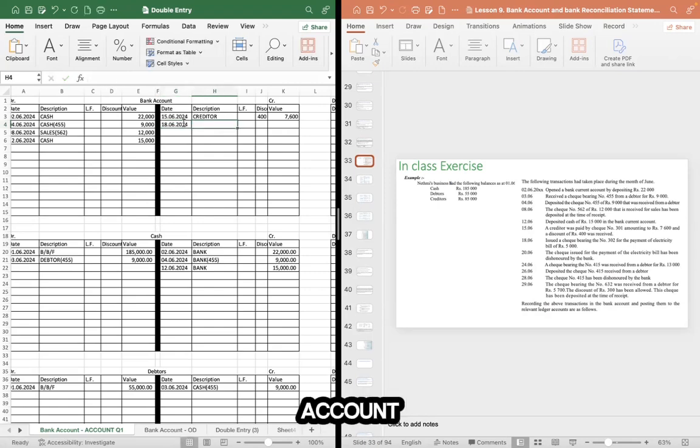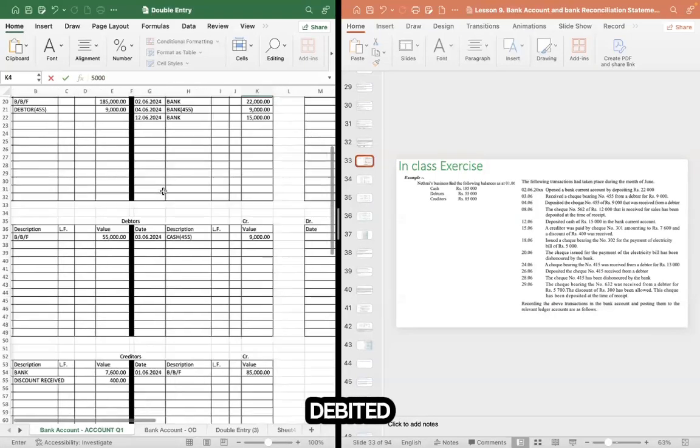So bank account is decreasing, and this is paid on behalf of electricity expense, paid by check number 302. Amount is how much? 5,000, right? Okay, super. Then which account should be debited?